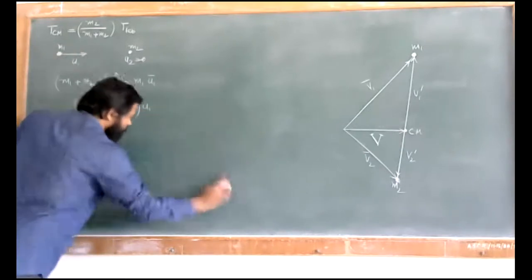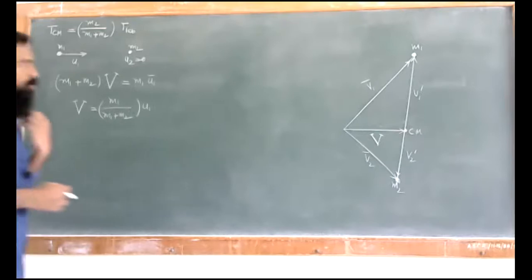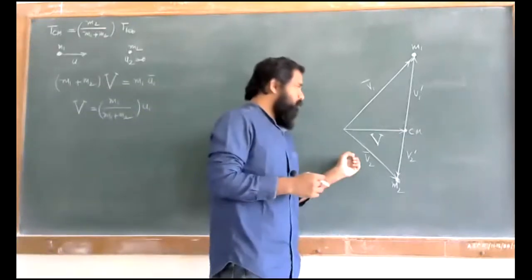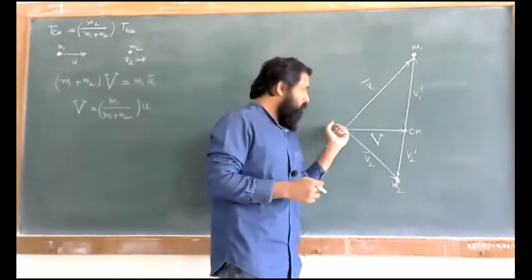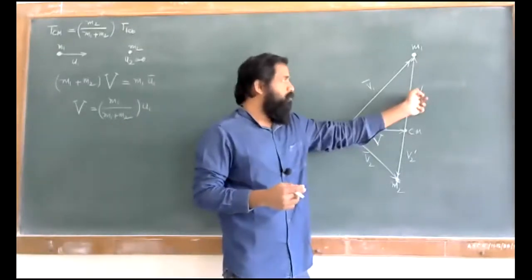This is the first thing. The second thing is that you use the triangle law of vector addition, and you can find the values of v1 and v2. Let us look at this triangle, where we have vectors v1, V and v1 dash.